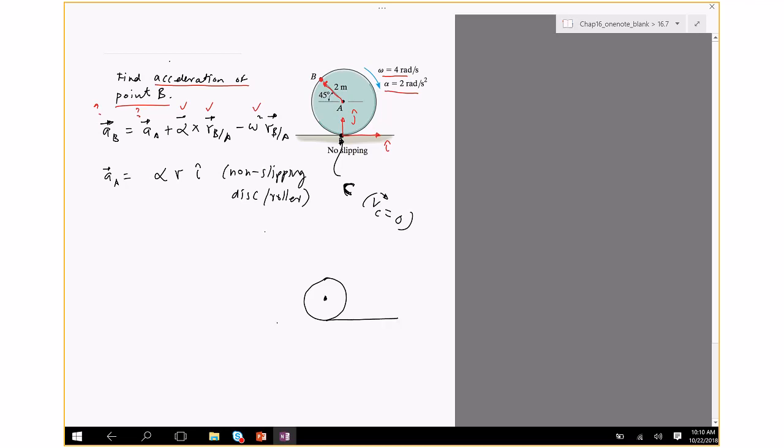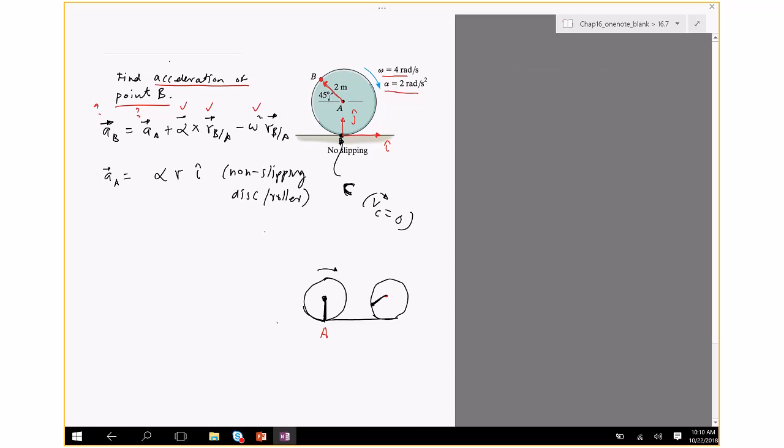So if you have a roller, and let's assume I just drew a line from the center point down. What will happen is when the roller rolls, this point is going to move, let's say here. This is the point A. Because it has rolled forward, the point A is now going to be at some different point.